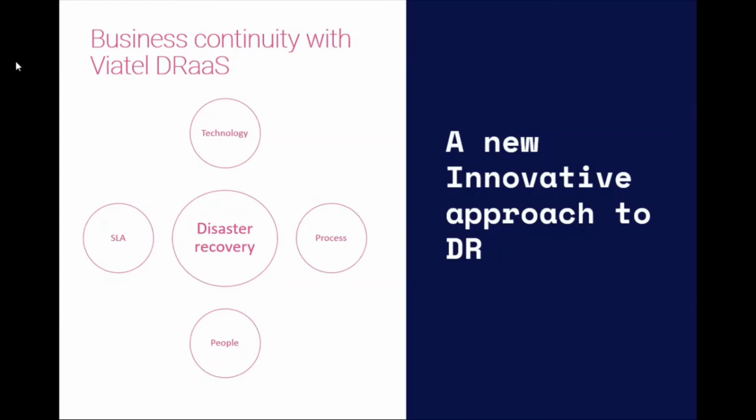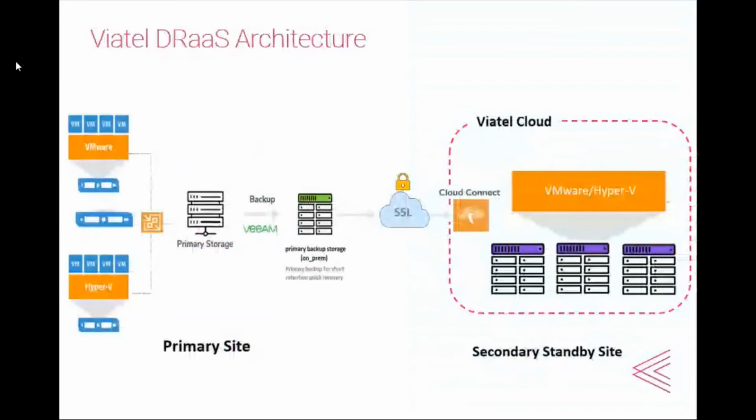And this is a very important point: we are wrapping all those capabilities, the technology, the business, the people, our expertise, with a very tight SLA, to make sure that you have some sort of insurance policy that if anything goes wrong with your primary site, you will be in a position to fail over and continue operation. I hope that answered the question.